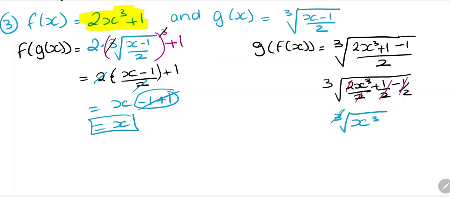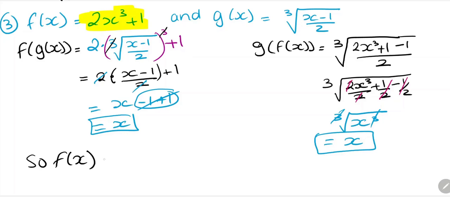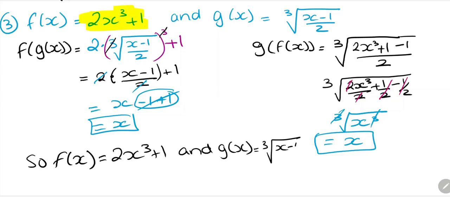So the cube and cube root cancel, so we're just left with x. So f of x equals 2x cubed plus 1, and g of x equals the cube root of x minus 1 over 2 are inverse functions.